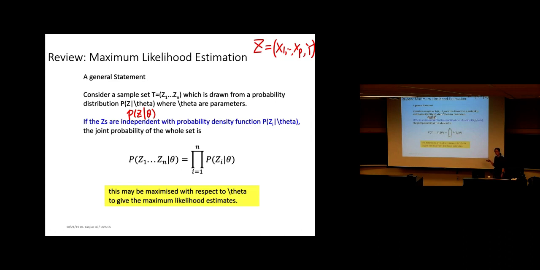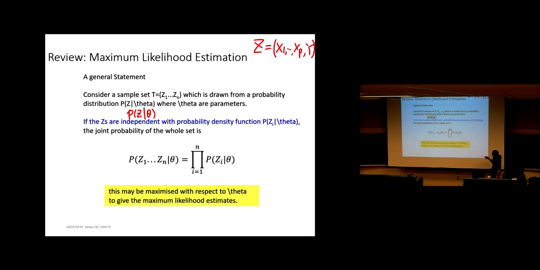Because we normally assume all the training samples are independent and identically distributed, the drawn probability of all the training samples is equivalent to the multiplication of each sample's probability under that distribution model, and all of those share the same parameter theta.